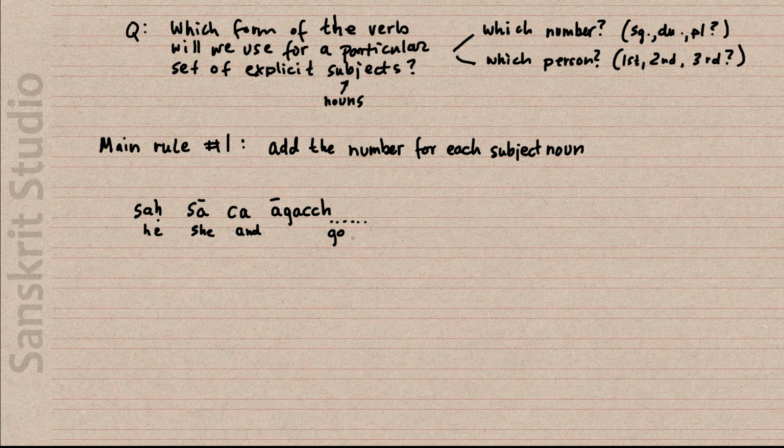But who are they? How should we count this? He is singular and she is singular, so singular plus singular is dual. So then we have to put dual here, it's "they two", so it ends up in dual. They two go. Agacha taha.